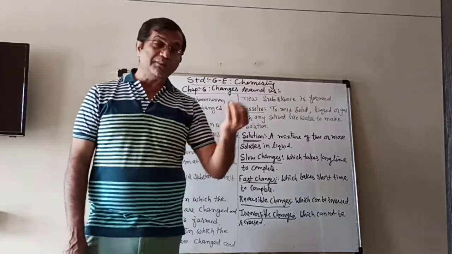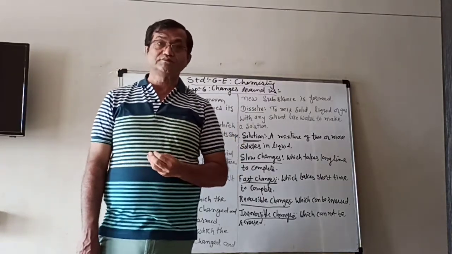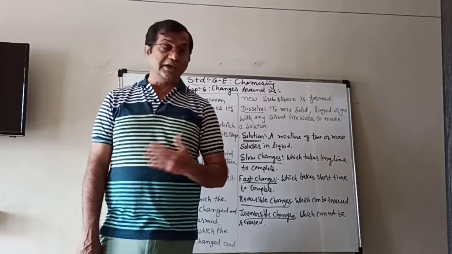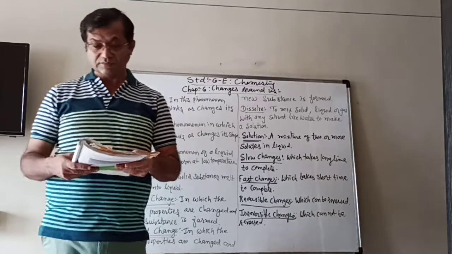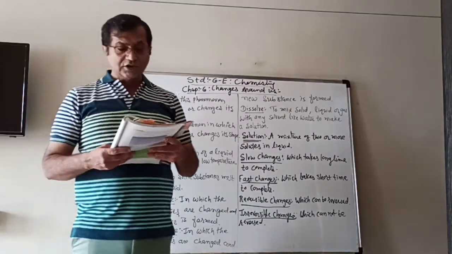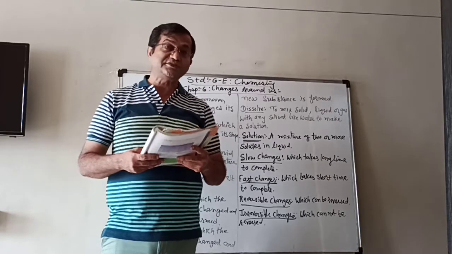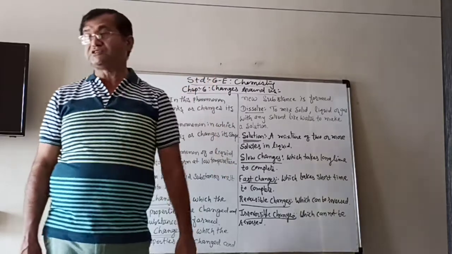When you burn a magnesium ribbon, what happens? It turns into ashes. It means that a new substance is formed. So when new substances are formed, then that change is known as chemical change.